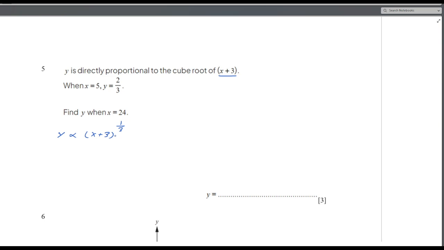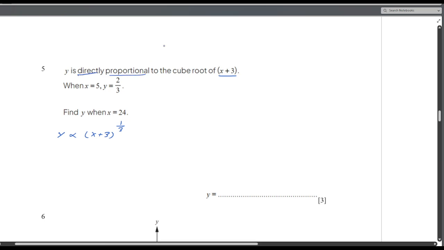When the variables are in direct proportion, then their ratios are the same.